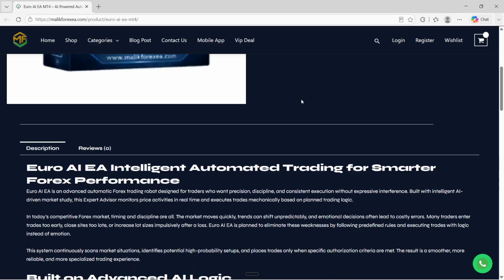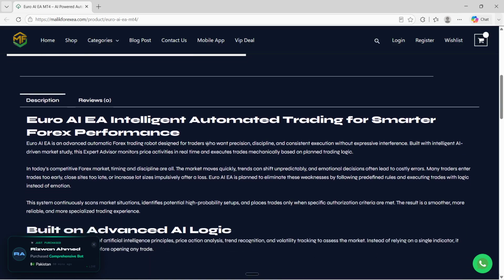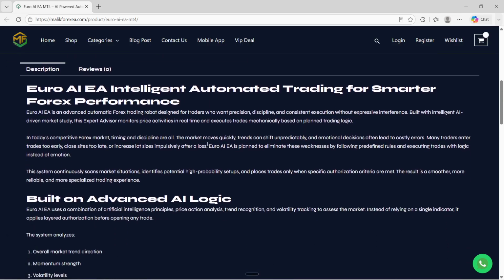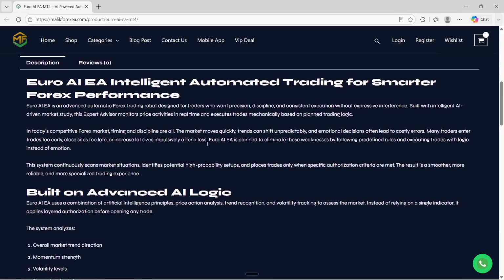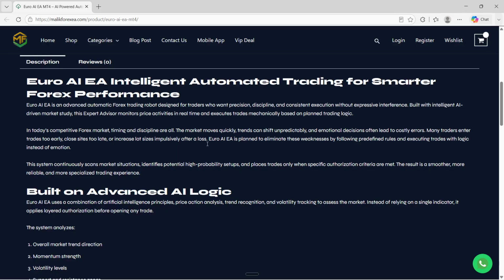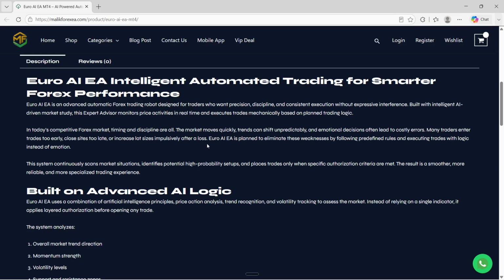All right, so from the official website, as we have here, you can see that the Euro AI EA is built around layered decision making rather than a single indicator trigger. It combines artificial intelligence principles with price action, trend recognition, momentum, volatility tracking, and support/resistance analysis.